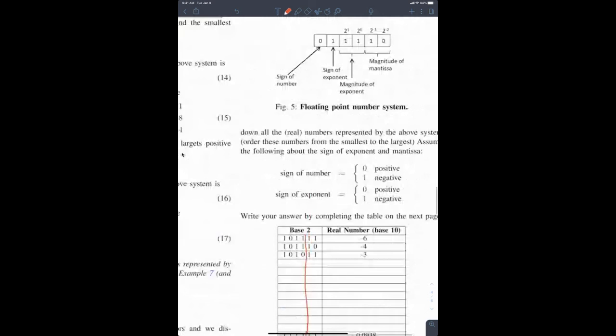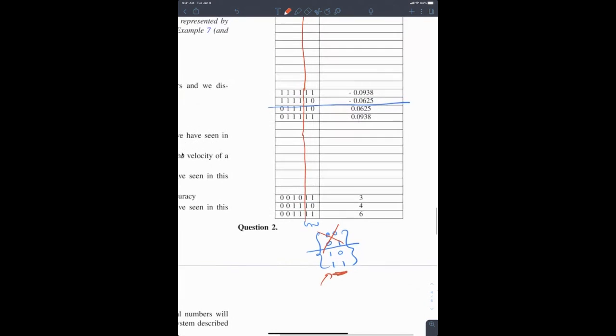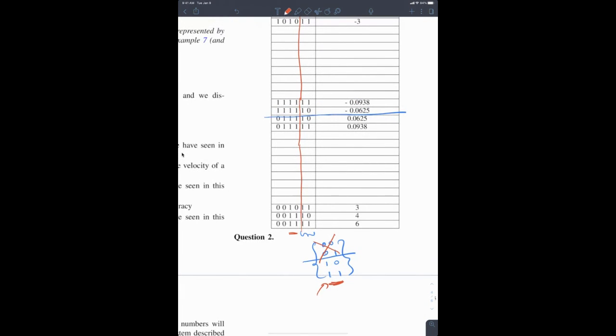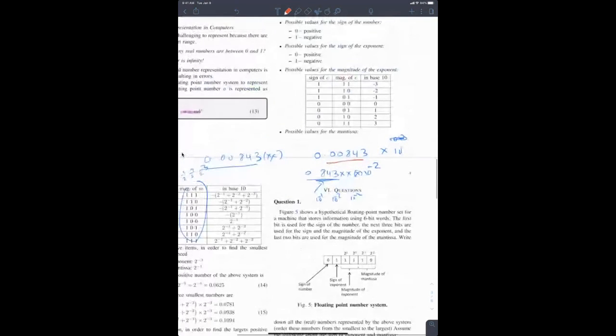That leaves us 2 exponents. So how many possible values can we have for the exponent? And then you can just write all the possible values that the exponent can have. 7 values, except for the 0.